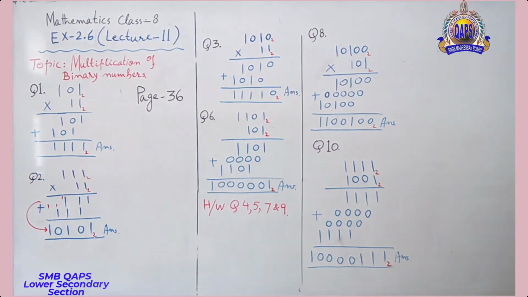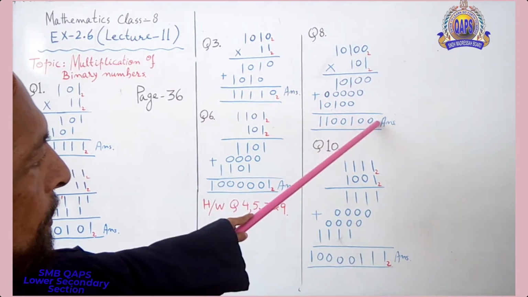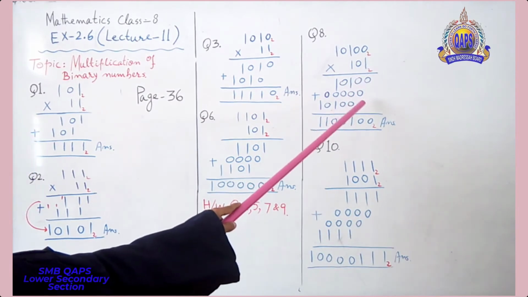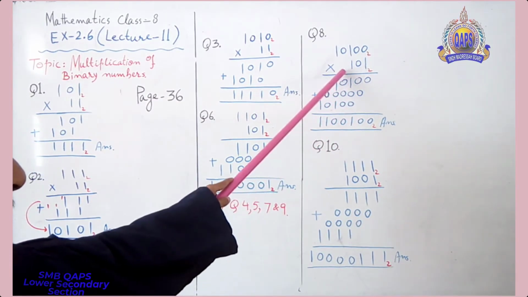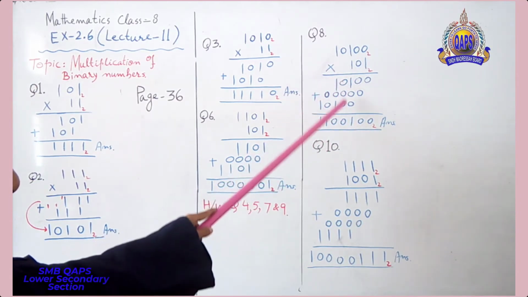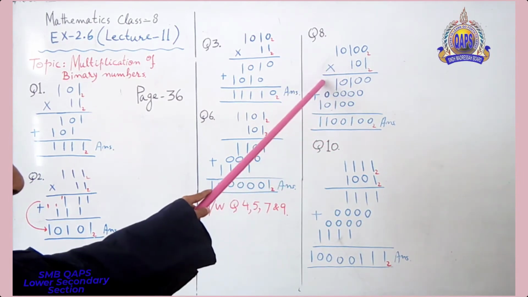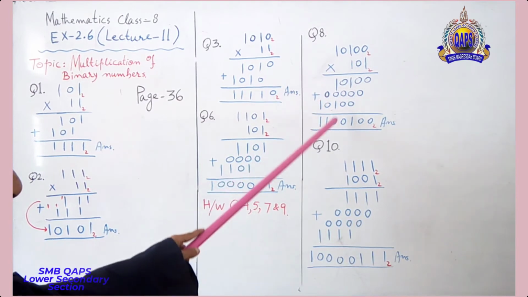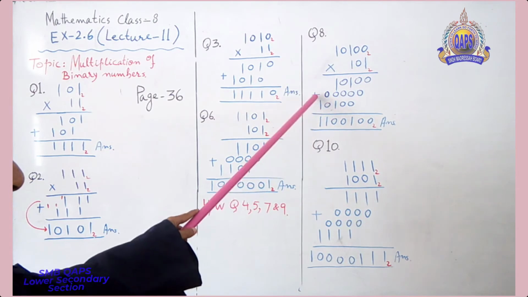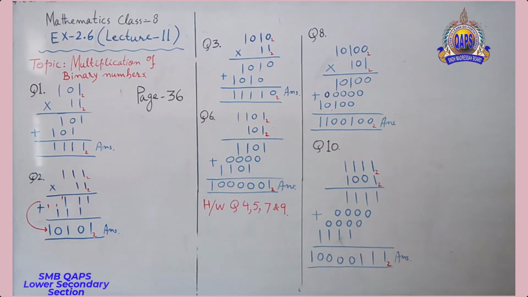Add them. 0. 0 plus 0, 0. 1 plus 0 plus 0, 1. 0 plus 0 plus 0, 0. 1 plus 1, 0, carry 1. 1 plus 0 plus 0, 1. And this one will come over here. So the answer is in front of you.